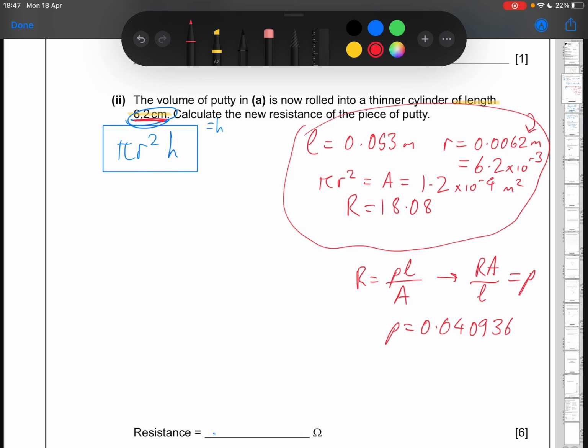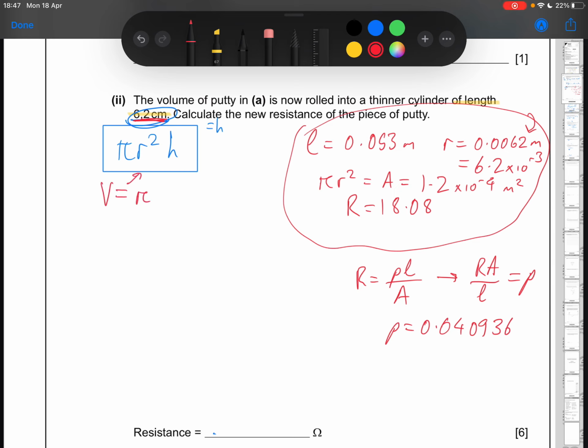Okay, so using our new length, we're going to have 6.2 centimeters. So the volume stays the same. So what was the volume of the old putty? Volume is equal to pi r squared h.